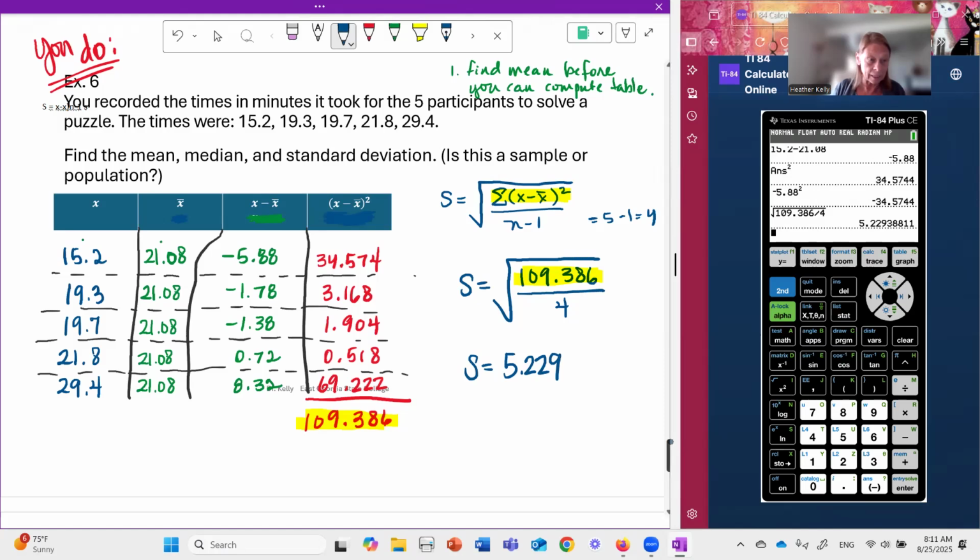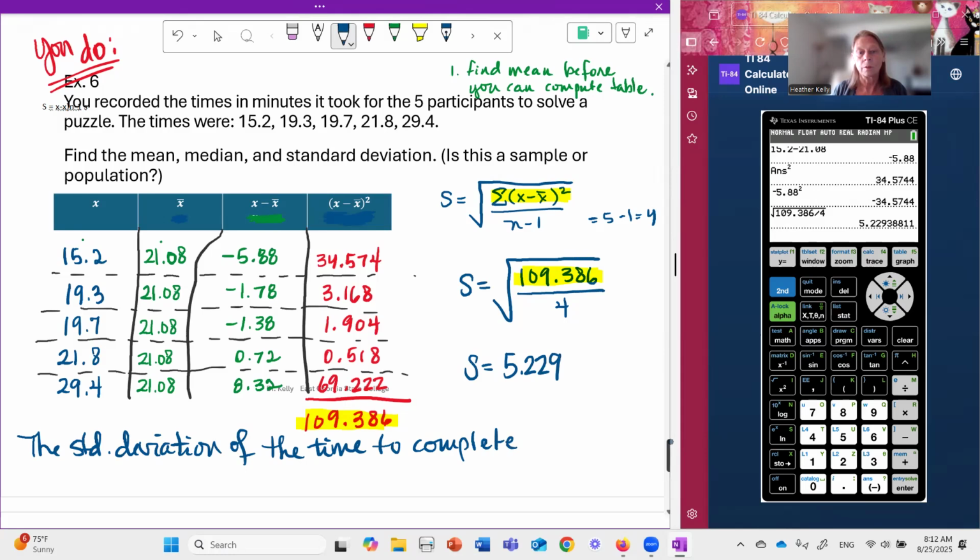And so we could say that the standard deviation of the time to complete the puzzle was, I think this is probably in minutes, 5.229 minutes.